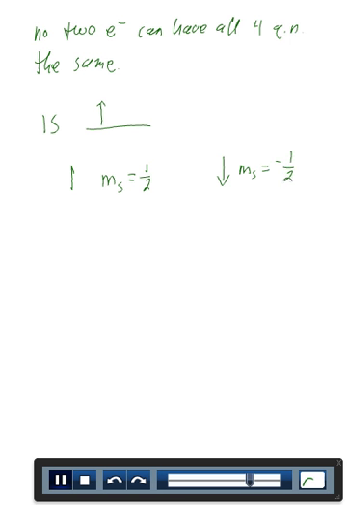So I'll just use that as a shorthand way of writing the quantum numbers. So say I have these 2 electrons, and I put them both in a 1s orbital on the helium atom.